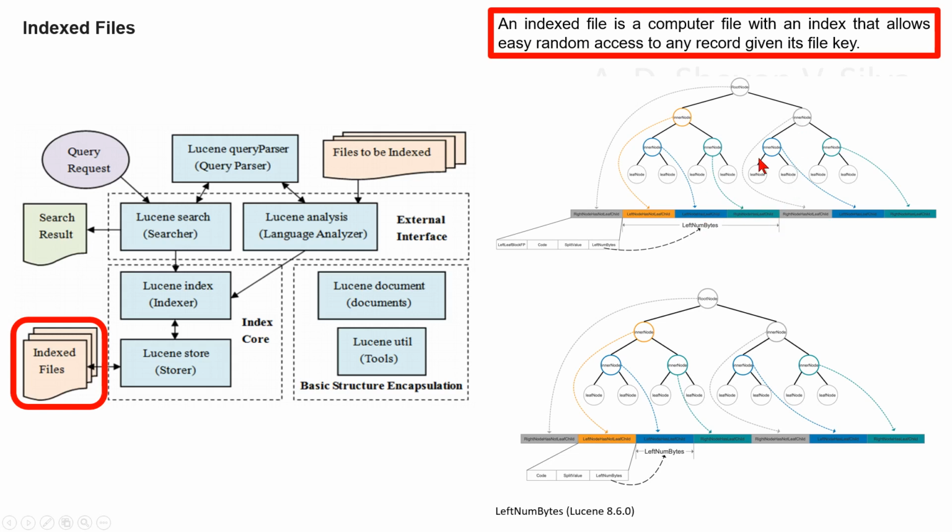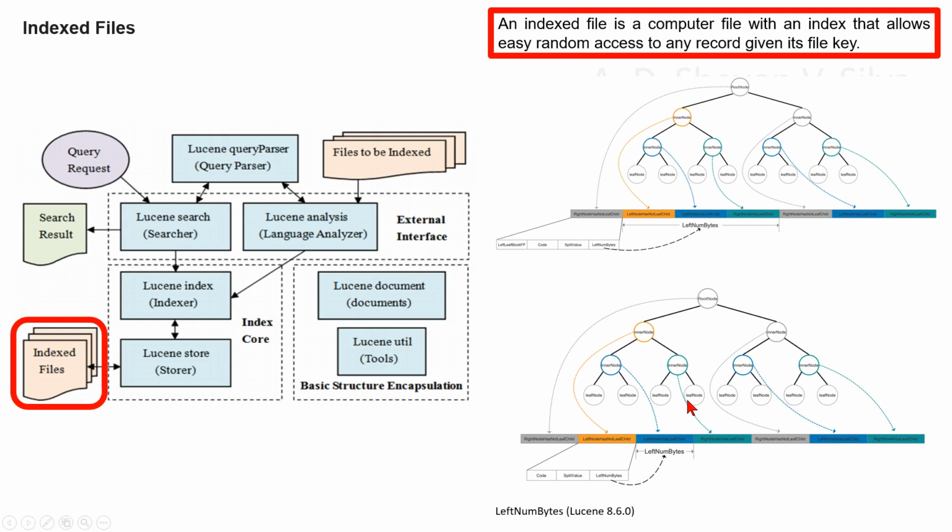This inner node is connected to the right node, which has no leaf child, and this inner node is connected to the left node, which has a leaf child, and this inner node is connected to the right node, which has a leaf child. And here the left num bytes covers this size, the left num bytes here for the tree here.